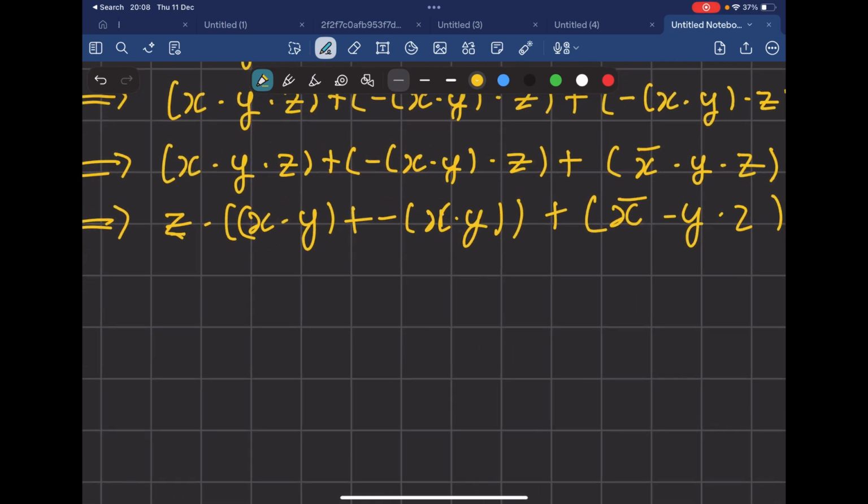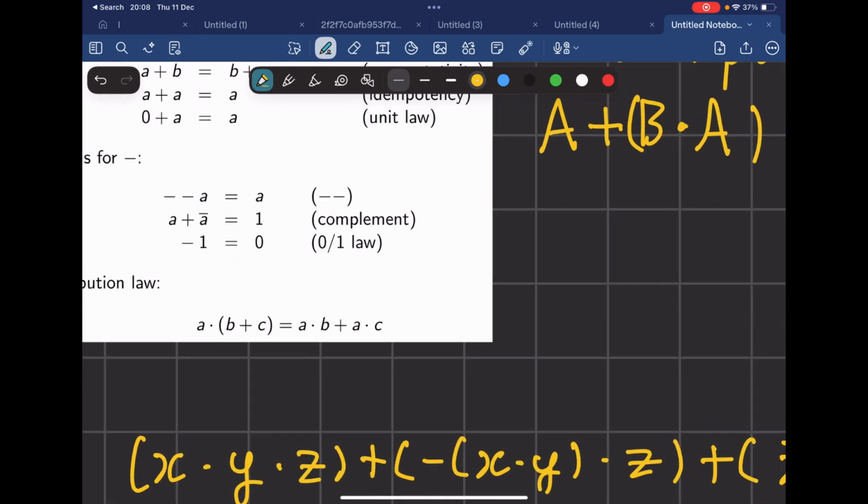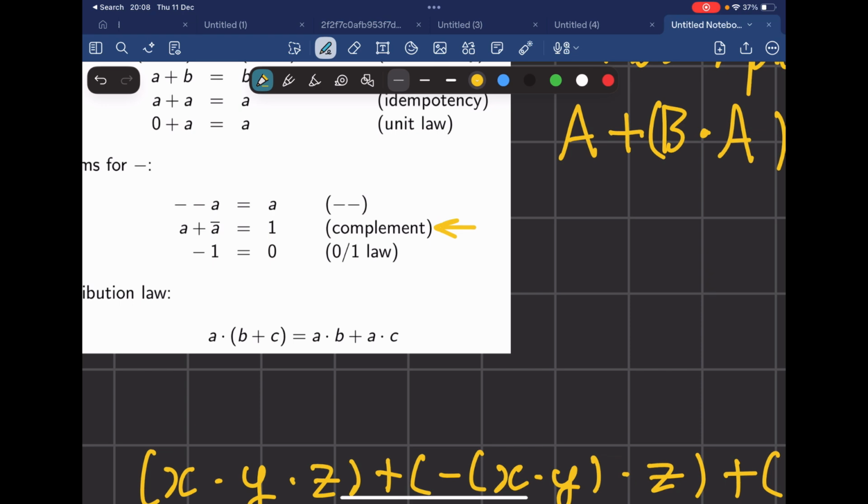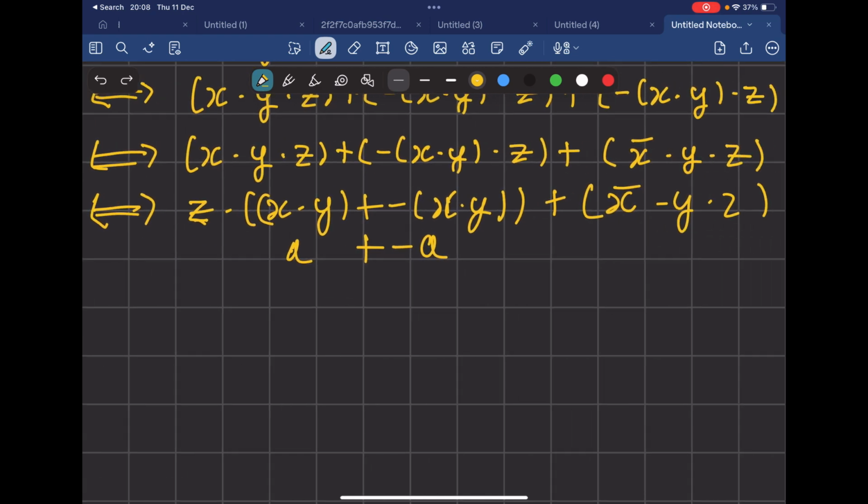Okay, so now we have x and y plus not x and y. So we have a plus not a, where a represents x and y. And so we can use this law over here, the complement law, on this thing that we mentioned over here. Also, I should probably put this in square brackets.